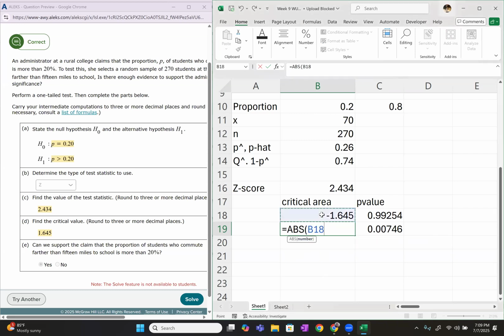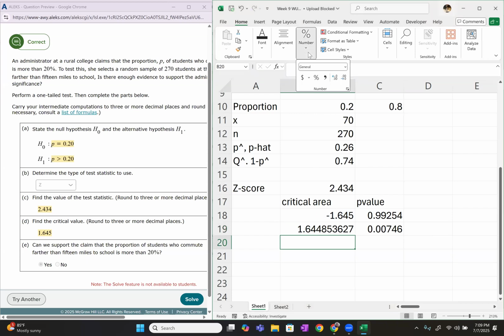Absolute value of negative 1.645. Okay, anything else on the screen that is a question?